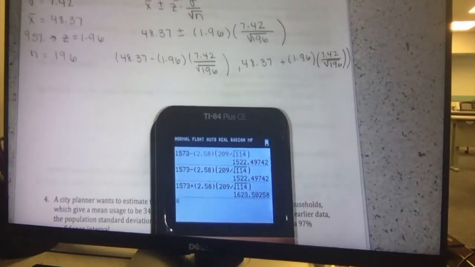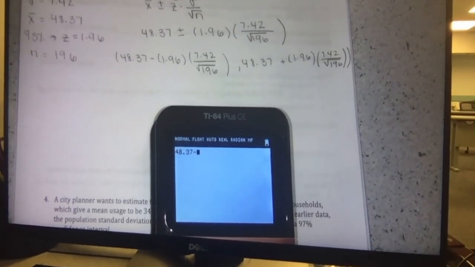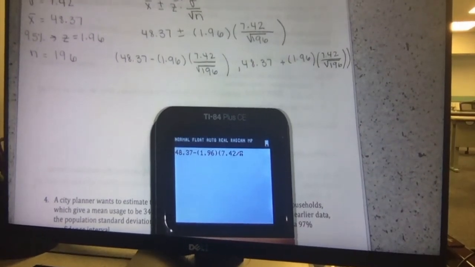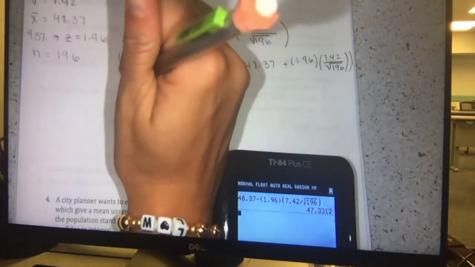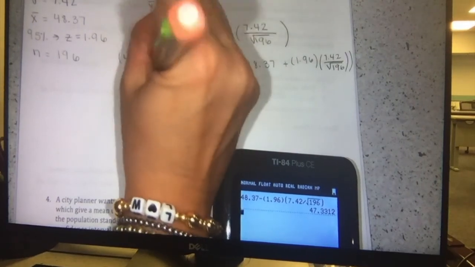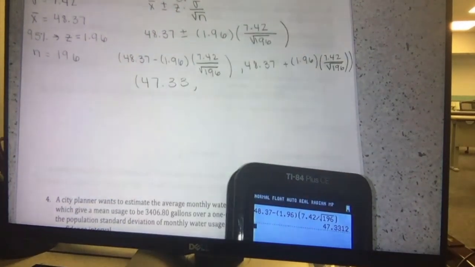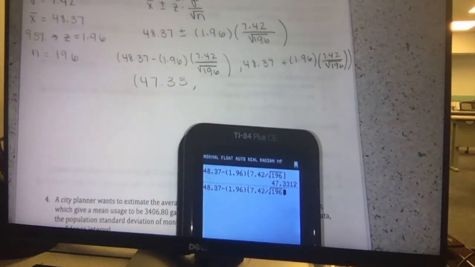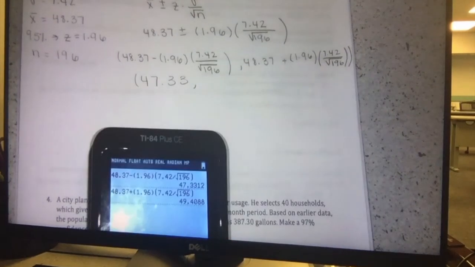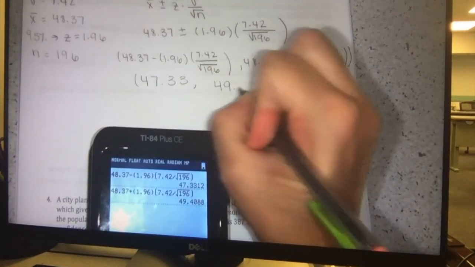So plugging it into our calculator, scroll it over. Our lower limit is going to be 47.33. Doing second enter, and then scrolling over and changing that minus to a plus will give us the upper boundary of 49.41.